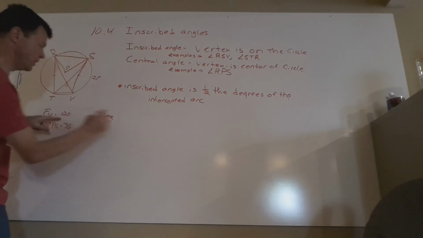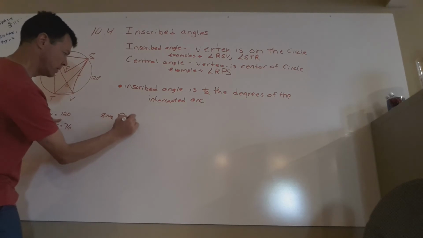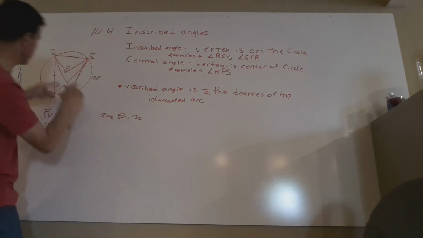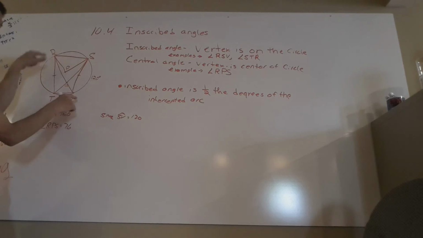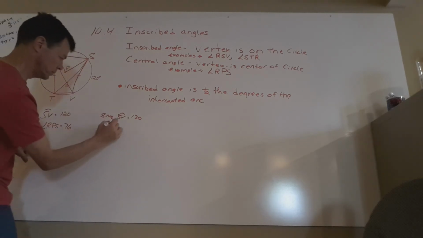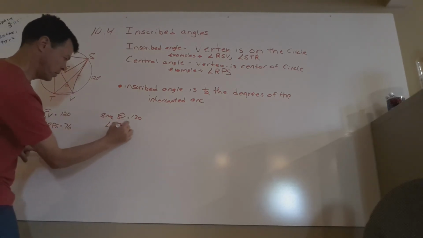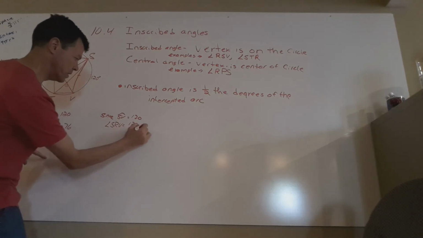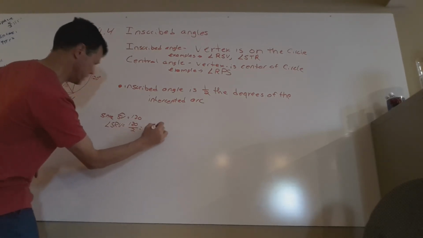So since SV is 120, the inscribed angle SRV equals half of 120, or 60 degrees.